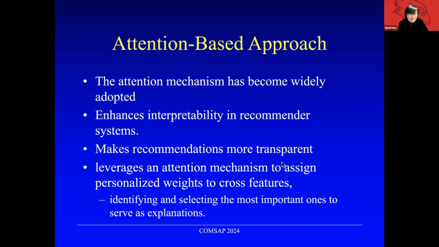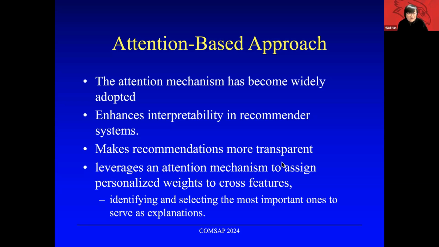The attention-based approach: the attention mechanism has become widely adopted in neural networks. It enhances interpretability in recommender systems and makes recommendations more transparent. Here, recommendations means recommended items, so you can consider recommendations as recommended items.